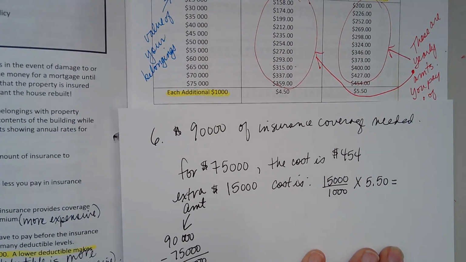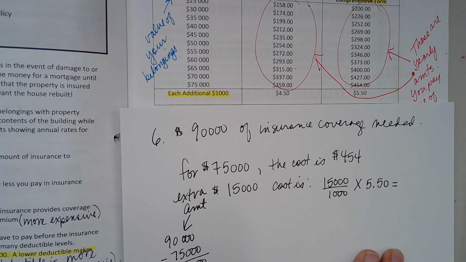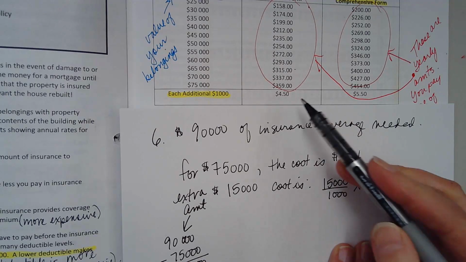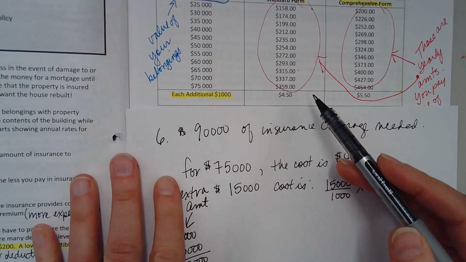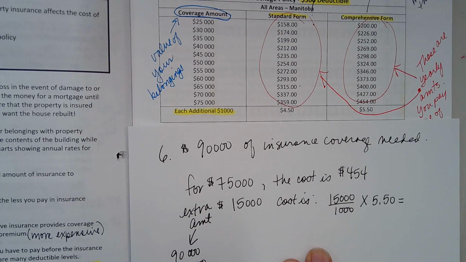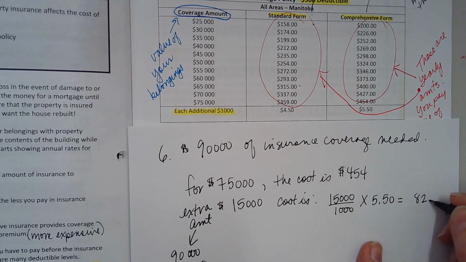So if it says anything over 75, you find the extra, and you have to multiply that amount by either the 450 if it was standard insurance. I'm multiplying by 550 because it was comprehensive. Okay, so I get $82.50. Okay?